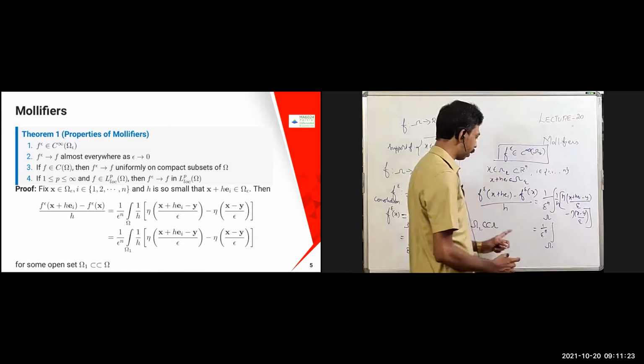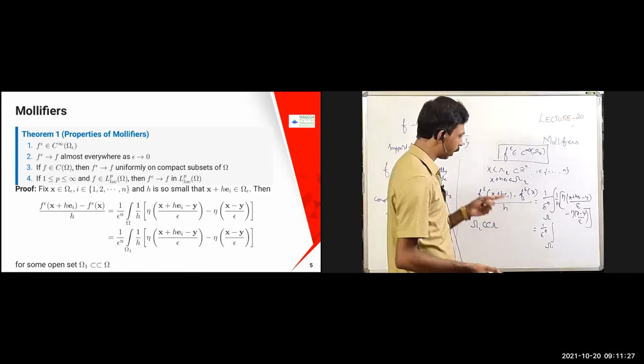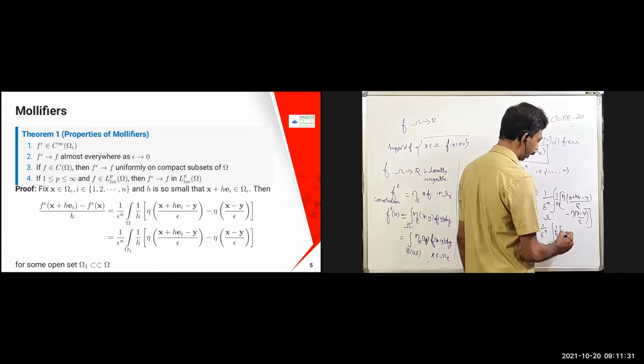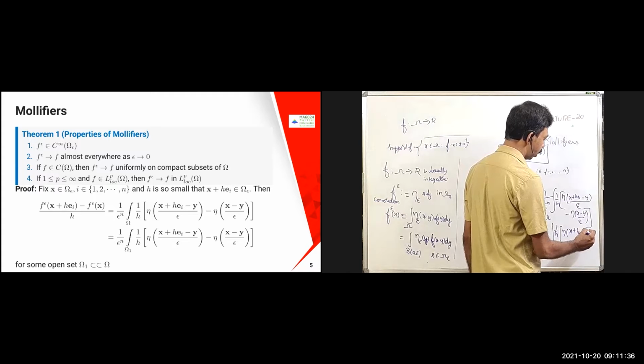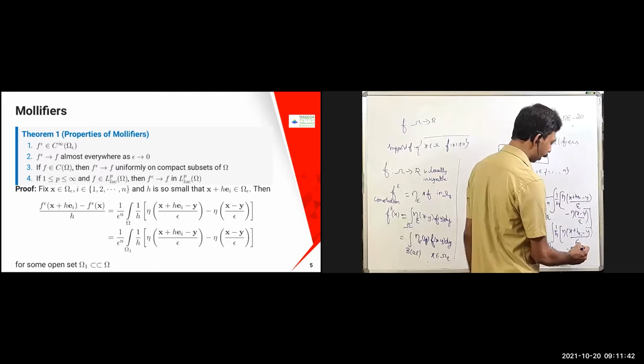Instead of this omega, I'm going to take omega 1 compactly contained in omega, so that is also going to be true. Therefore you are going to get 1 by k into eta of (x plus k e_i minus y) by epsilon minus eta of (x minus y) by epsilon.